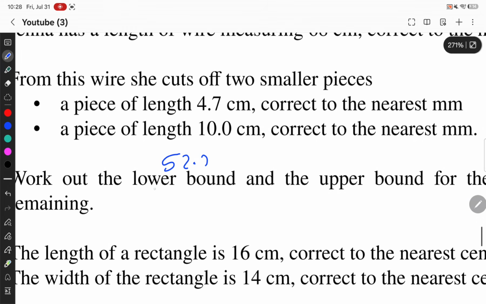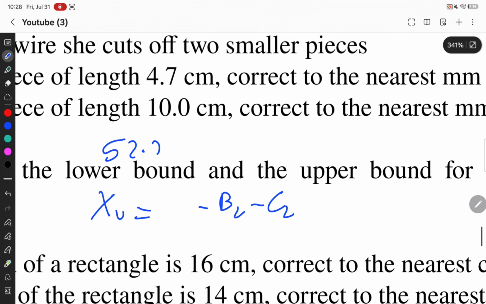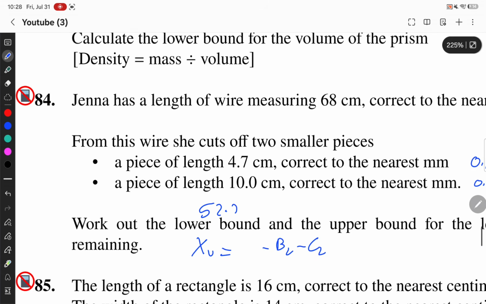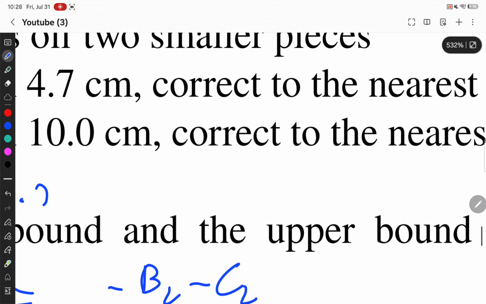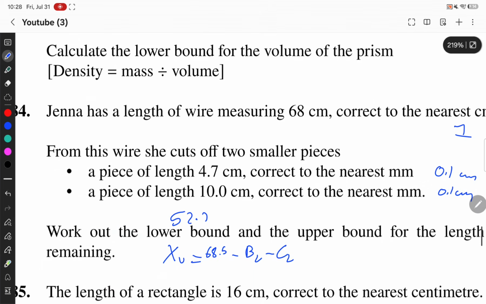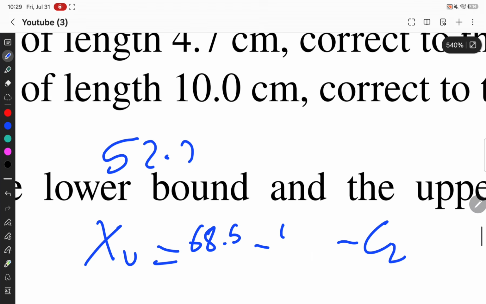Now the upper bound, it is x of u is equal to a of u minus b of l minus c of l. Now we have two values, so that's A of u, what is this? 68.5. B of L, 4.7 minus 0.1 over 2 is equal to 4.65.